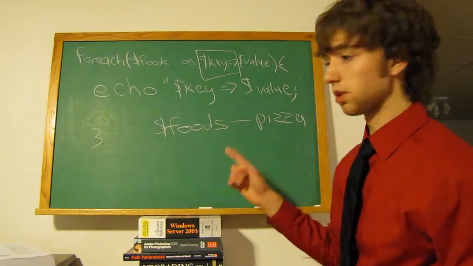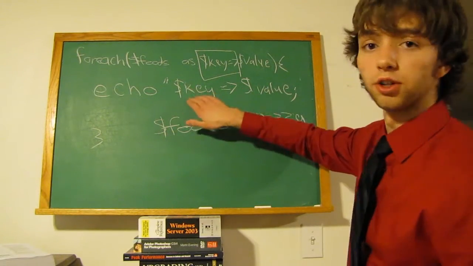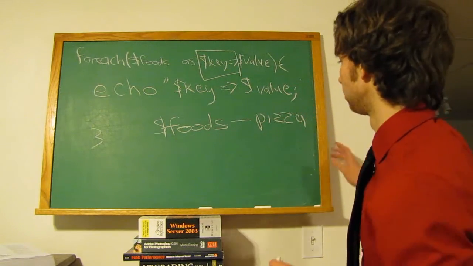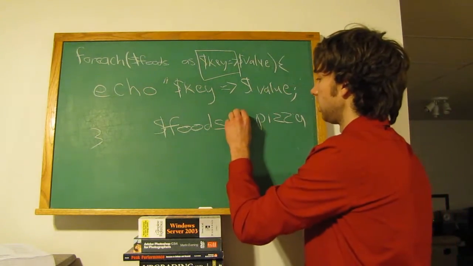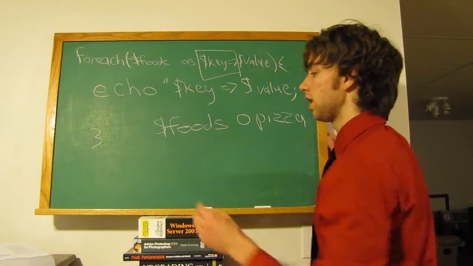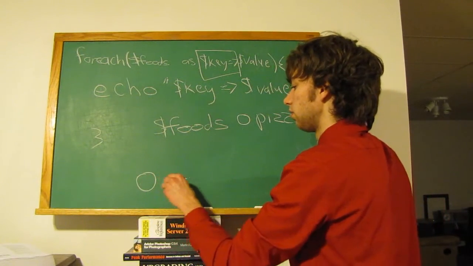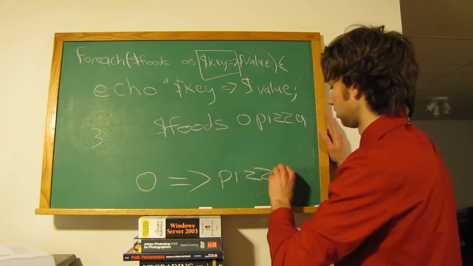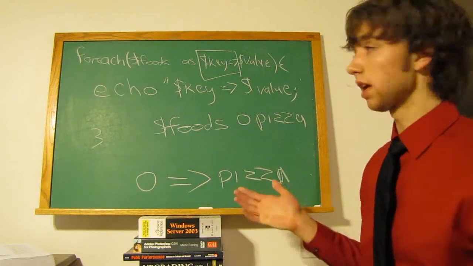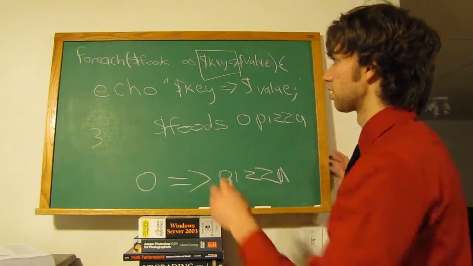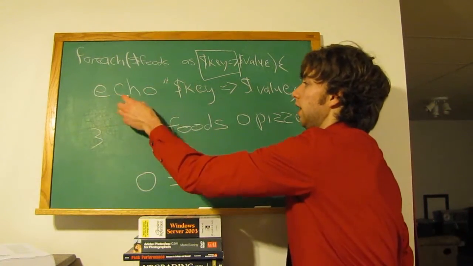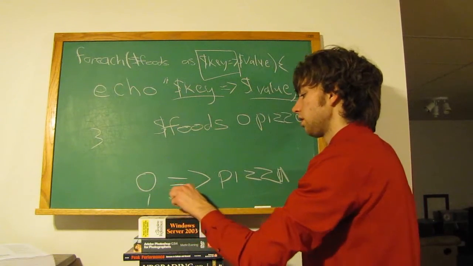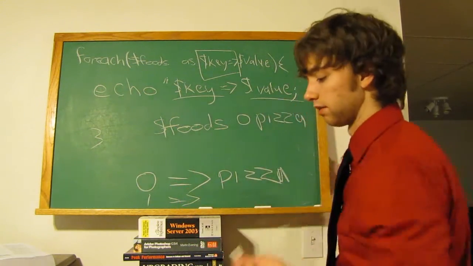Okay, so what is this going to do? Well, the key is going to iterate or go through the keys, and the value is going to go through the values. So pizza had the key 0. So this is going to echo out 0 pizza. Okay? And then once that one's done with, it's going to go back through the foreach, and it'll echo the second key and the second value, which will give us 1, and whatever the second value was, I don't remember.